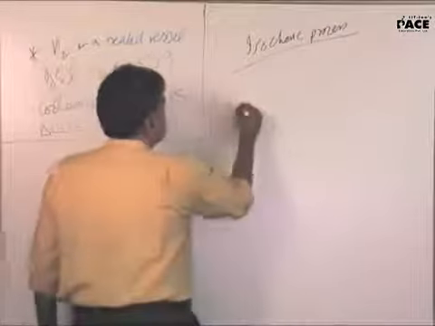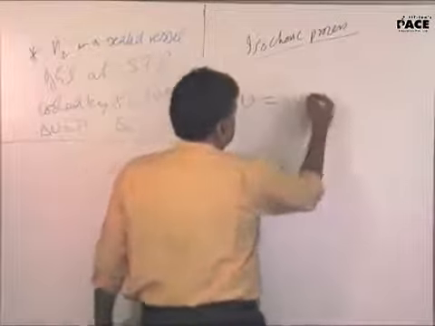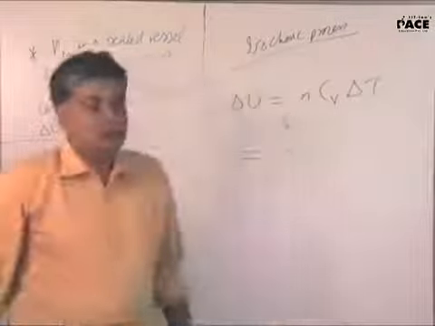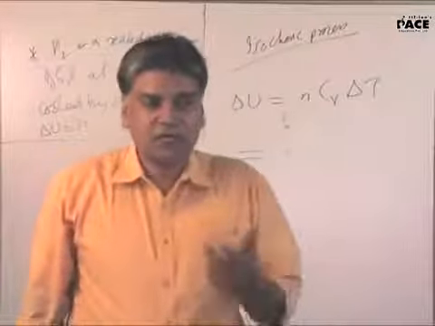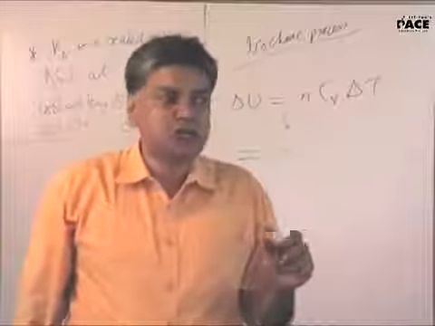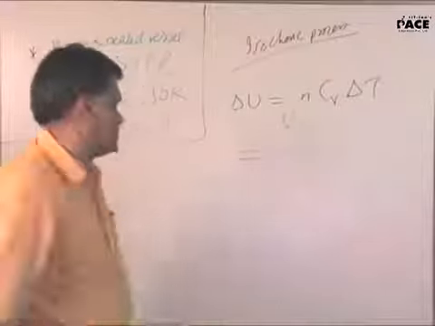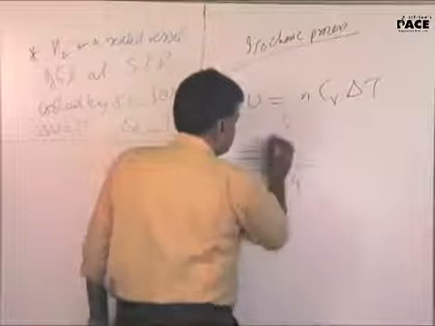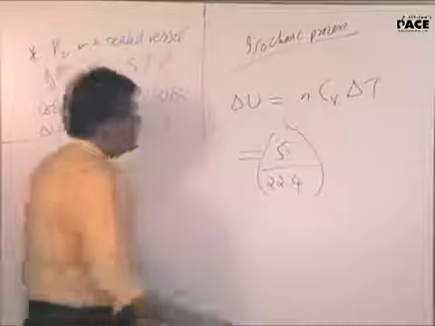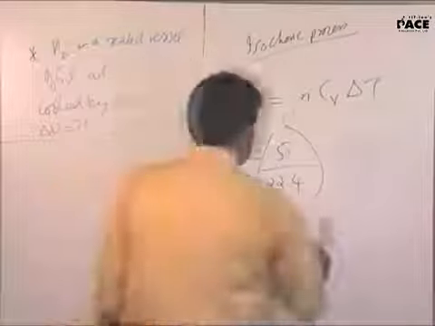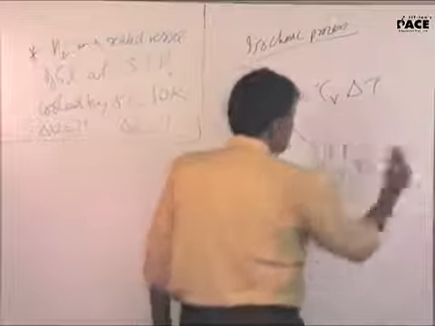What will be delta U equal to? Well, for any process it is n Cv delta T. Do we know the n? Exactly. Use that idea that 1 mole at STP occupies 22.4 liters. So 5 liters will be how many moles? So we can write 5 upon 22.4, okay? Do we know Cv? Yes, of course, it's a diatomic gas, so we can say 5R by 2. Alright?